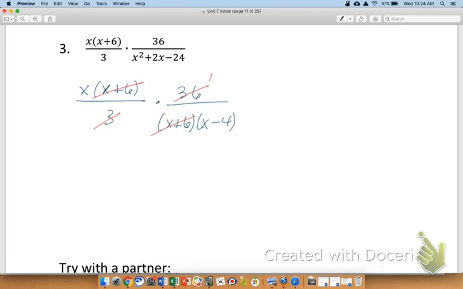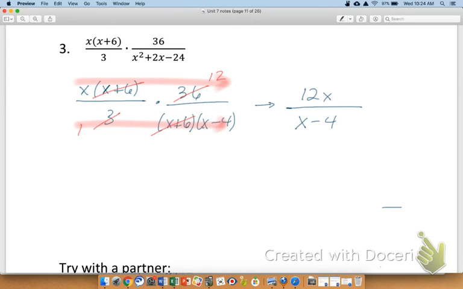The 36 would cancel to be a 12. The 3 would cancel to be a 1. And now I would multiply numerators times each other and denominators times each other. So when I do that, I get x times 12, which we would typically write as 12x. And in the denominator, the only thing left over is x minus 4.